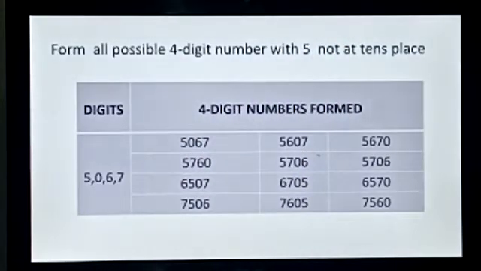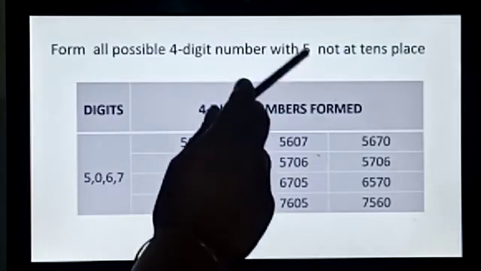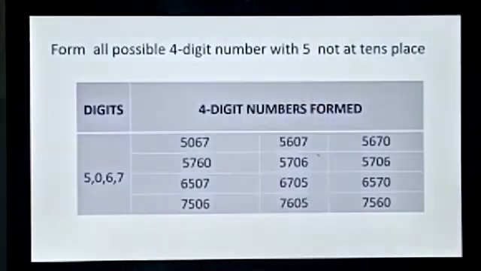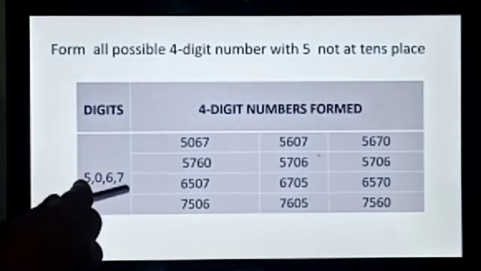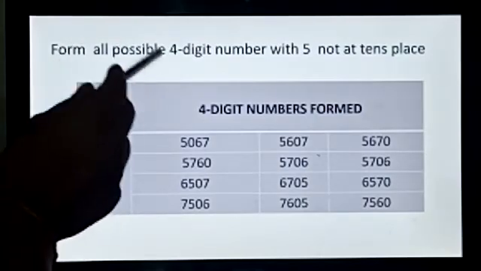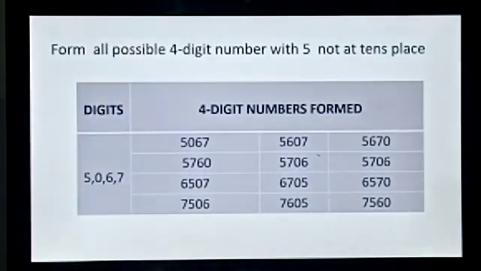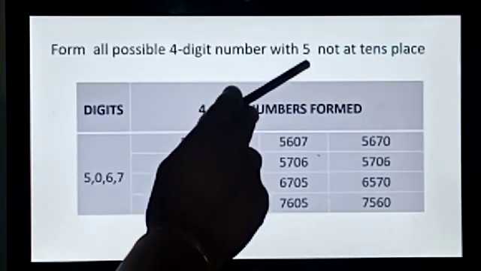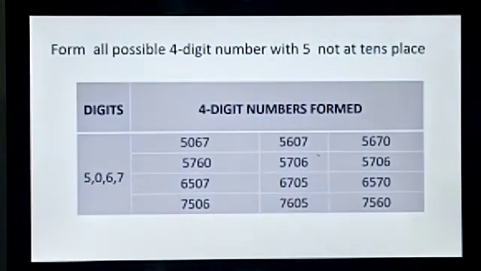You can keep it in hundreds, you can keep it in thousands place, you can keep it in ones place, but the 5 should not be seen in tens place. So these are the numbers, and form all possible 4-digit numbers. So what all 4-digit numbers can be formed using this pattern, you need to form. But you need to remember that 5 should not be kept in tens place.